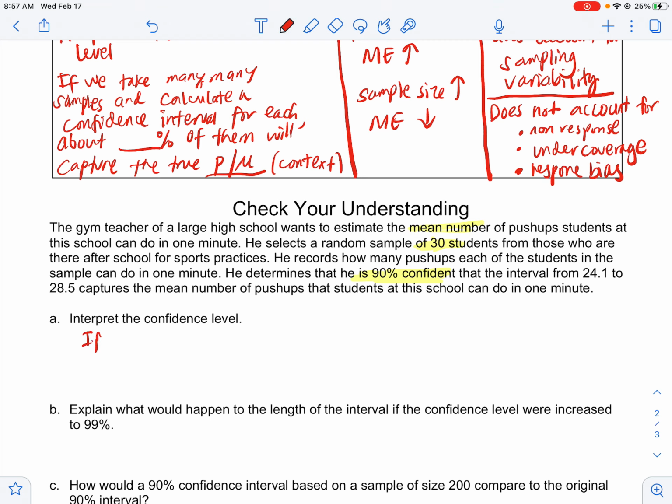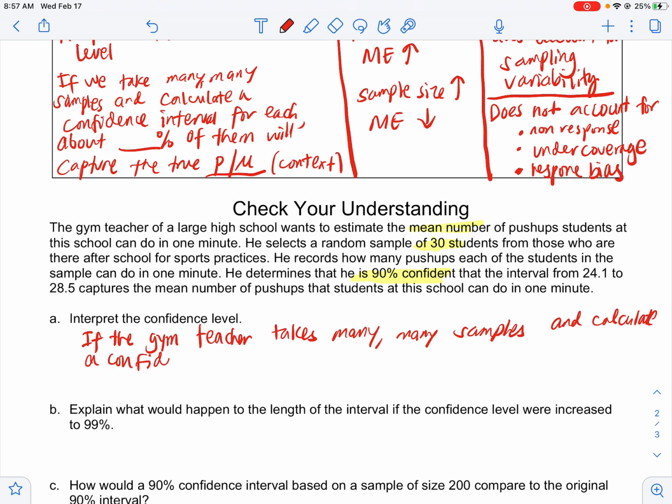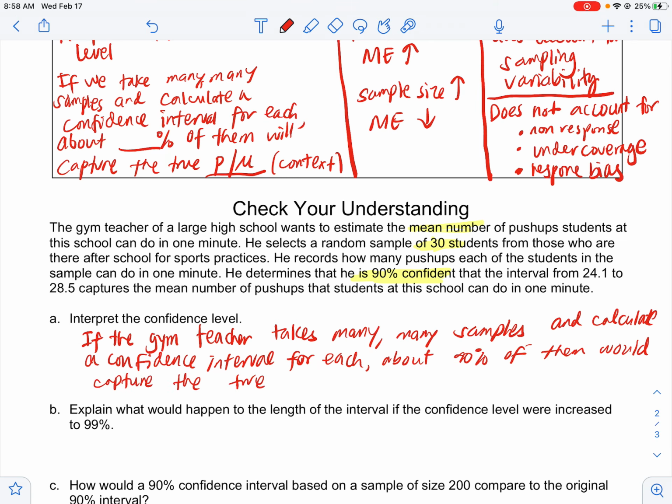So, if the gym teacher takes, remember we have to put context, takes many samples and calculates a confidence interval, I know this is really long, yeah, a confidence interval for each, about 90% of them would capture the true mean.